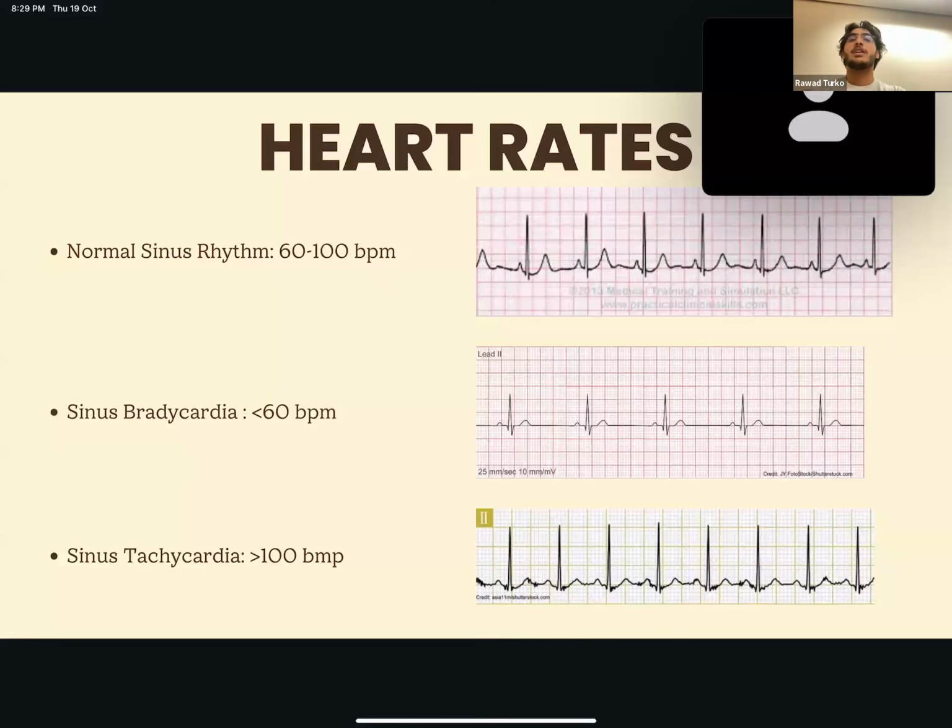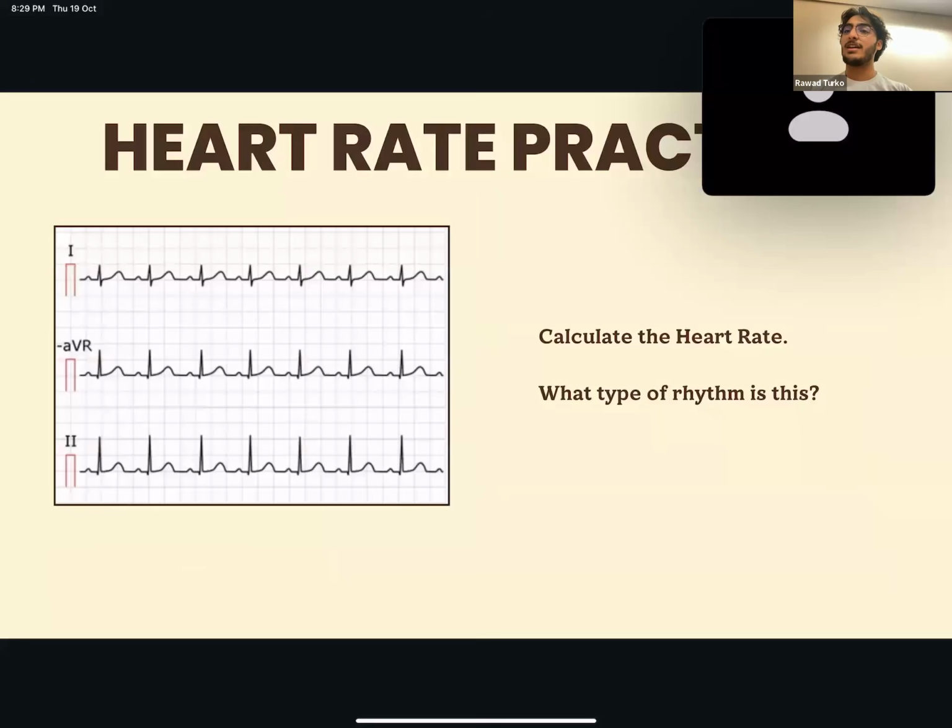Brady means slow, cardia means heart. So slow heart, bradycardia. Sinus bradycardia is a slow heart rate originating from the SA node. And finally, tachycardia. Tachy means fast, cardia again means heart. Sinus tachycardia is more than 100 beats per minute. Fairly simple concept.